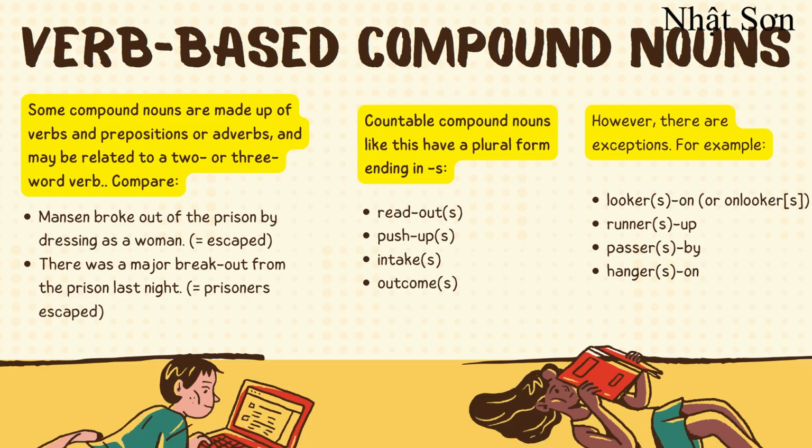The fourth target is verb-based compound nouns. Some compound nouns are made up of verbs and prepositions or adverbs and may be related to two or three word verbs. Compare: you can see my son broke out of the prison by dressing as a woman. It equals escape.